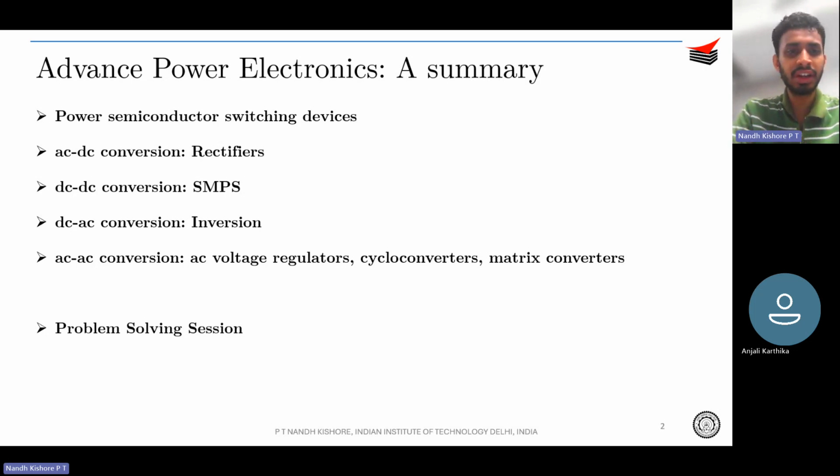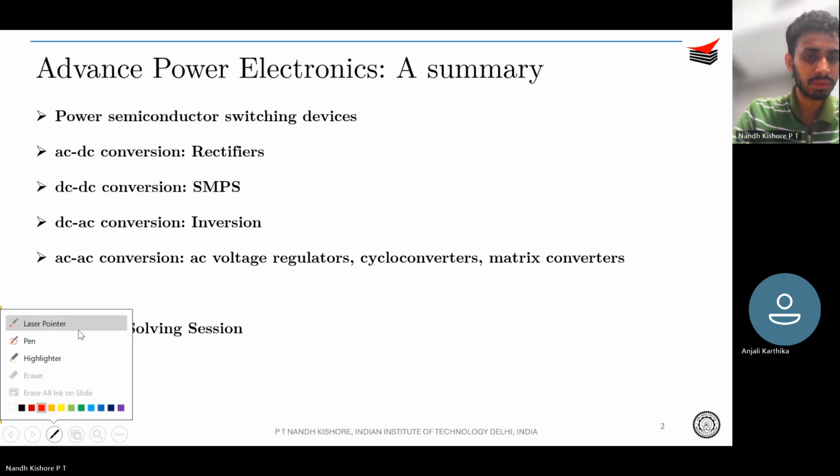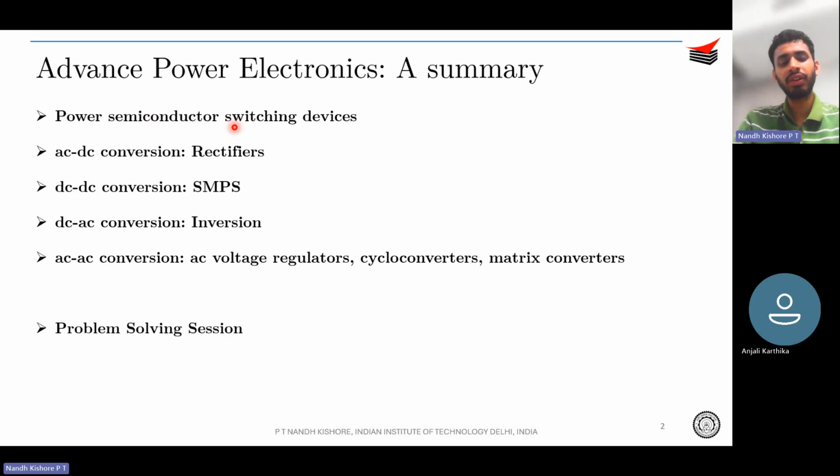So you went through different types of devices and a little bit of semiconductor technology. Then you went into AC-DC conversion, which is rectifiers. You studied the uncontrolled rectifier using diodes, then the semi-controlled or half-controlled rectifier, a combination of diodes and SCRs, and then fully controlled rectifiers made up totally of SCRs.